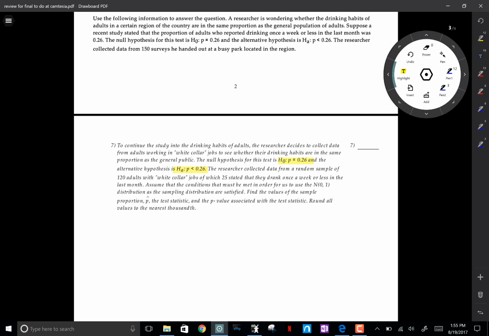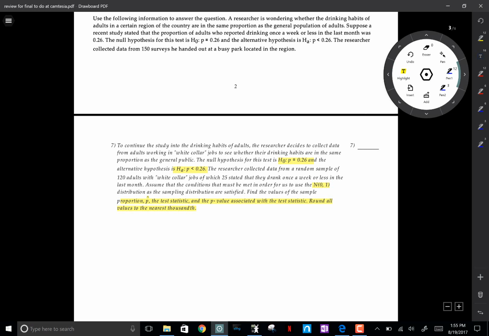Assume that the condition that must be met in order for us to use the N(0, 1), remember, this is saying that the data is normally distributed, as the sampling distribution are satisfied, find the value of the sample proportion. So we want to find the sample proportion, the test statistic, and the p-value. This one shouldn't be that bad.